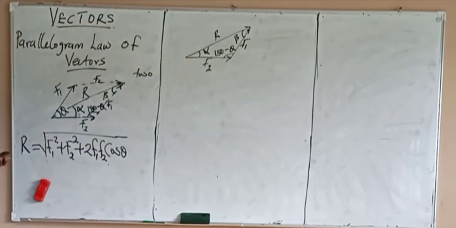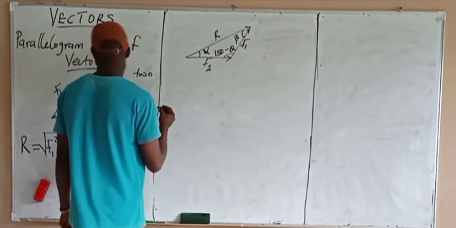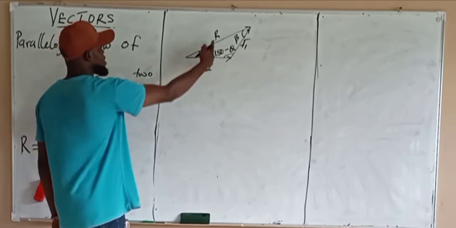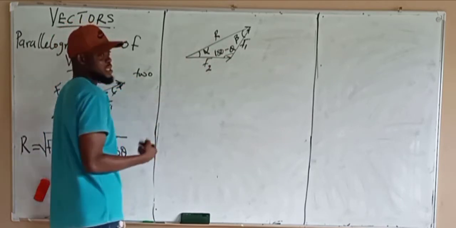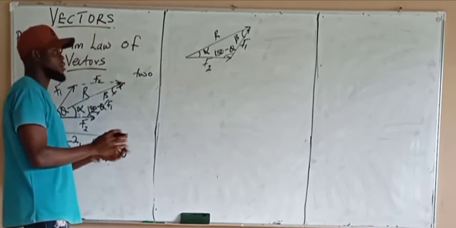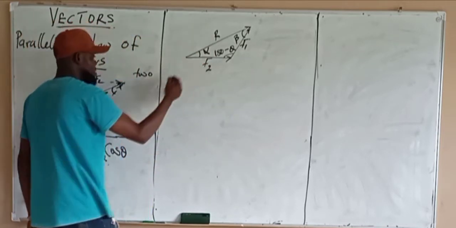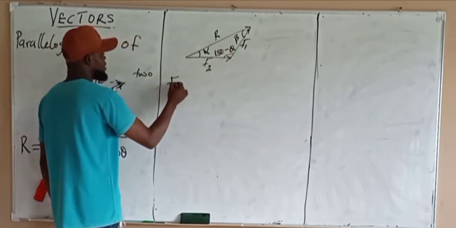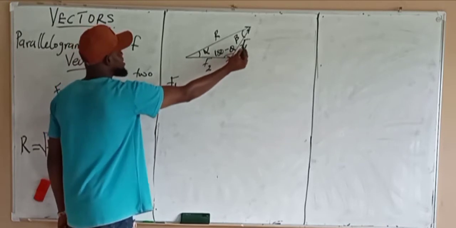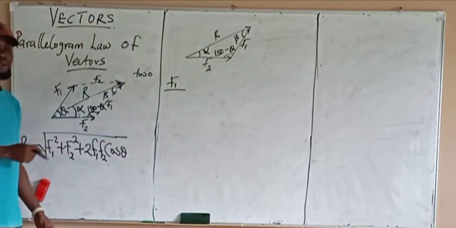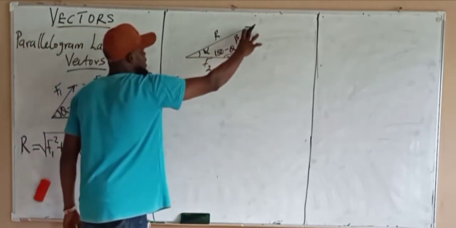Another way to run this would be to use what we call the sine rule. You take the resultant or any of the forces. Let's start from the resultant, or let's start from F1. You take F1 divided by the sine of the angle that is directly opposite to that F1. Which angle is facing this F1?